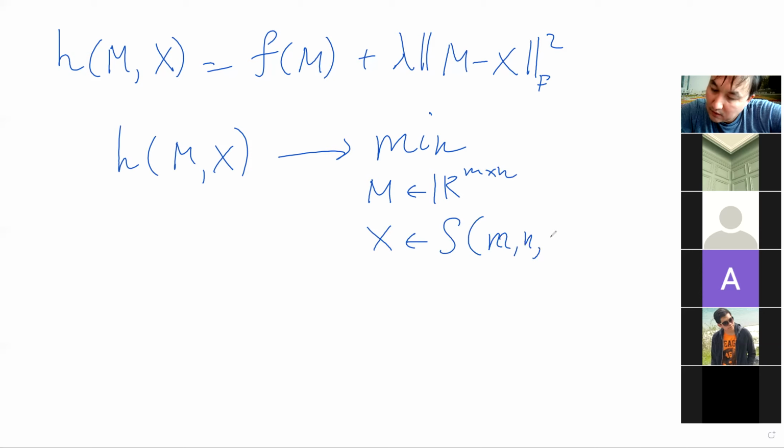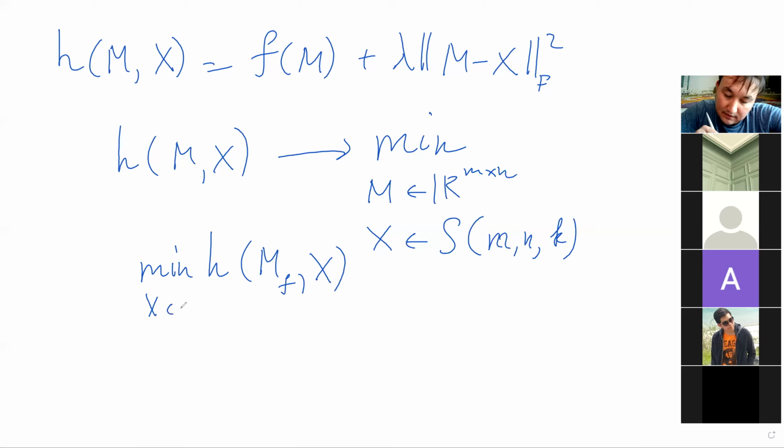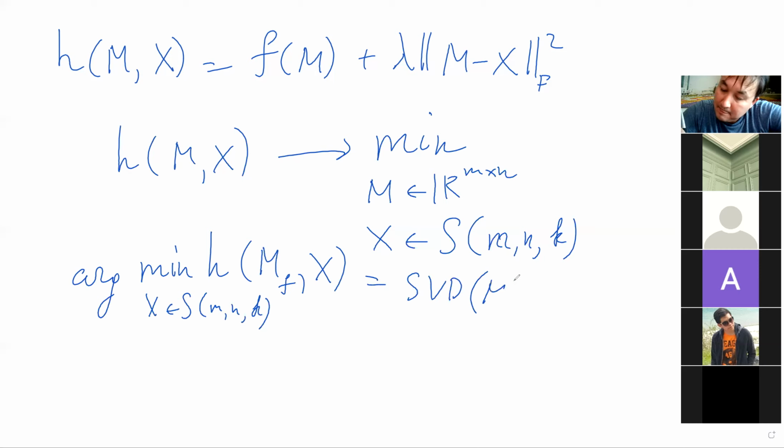But what is nice? The nice thing is that for fixed m, minimization over x can be easily done. Because roughly speaking, when m is fixed, when we minimize this thing over x, it's easy to see that the argument at which this minimum is attained is exactly equal to, roughly speaking, the SVD of m truncated at k's term, right?